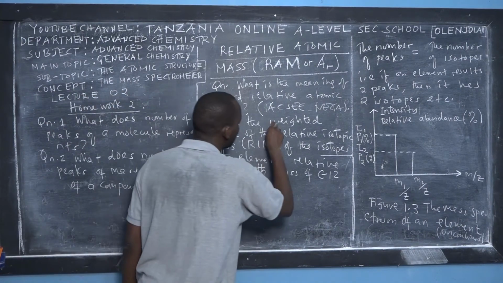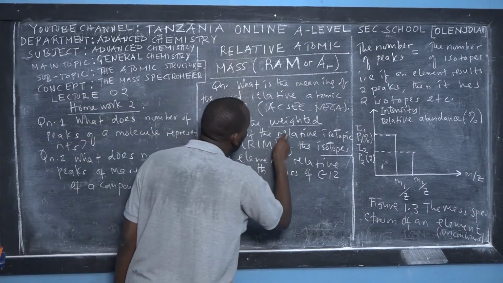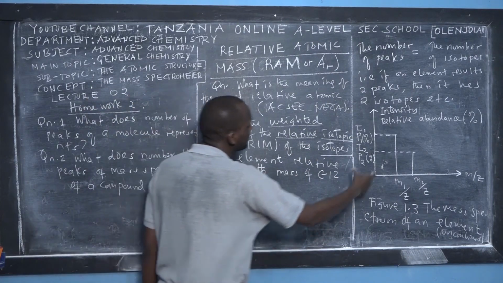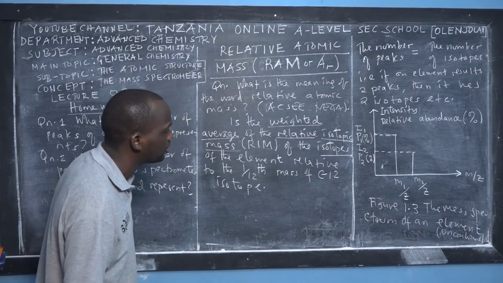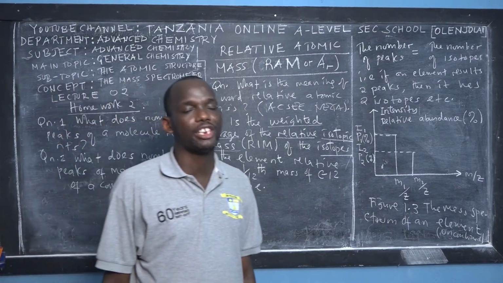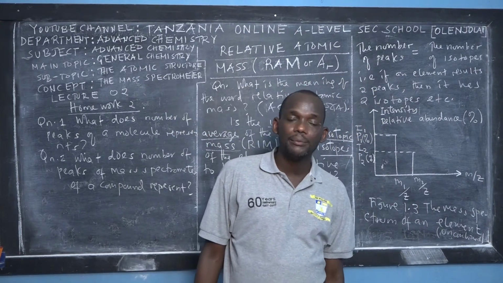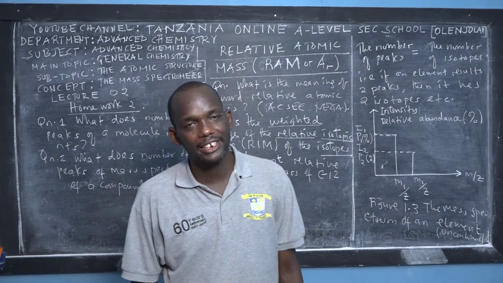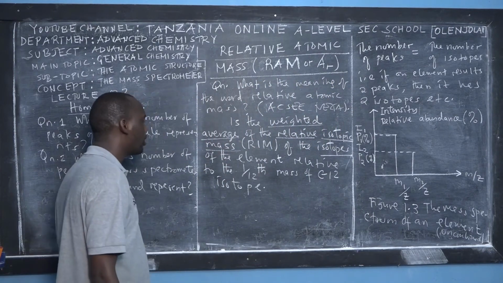It is a weighted average. So this is an average of what? Of relative isotopic mass. It means that we take relative abundance and isotopic mass. What is the meaning of average? Average means we take the sum of the items, the sum of the statistical data, grouped or ungrouped, divided by the number of items.